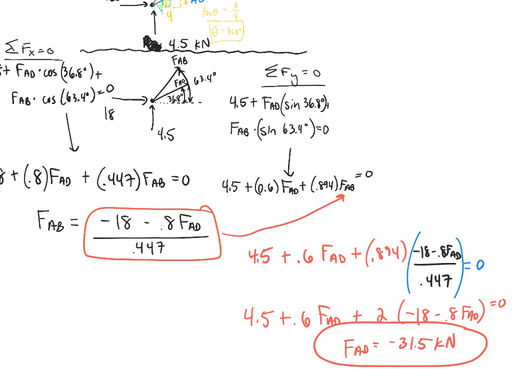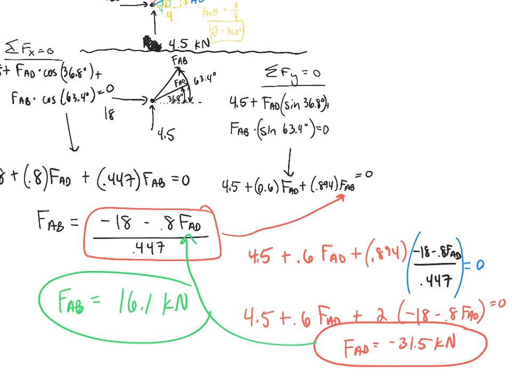Actually, the best spot would be to plug it in right there, because you've already solved for FAB. You have an expression for it. So plug it in there, and you'll get 16.1 kilonewtons. So FAB is in tension, whereas FAD is in compression.